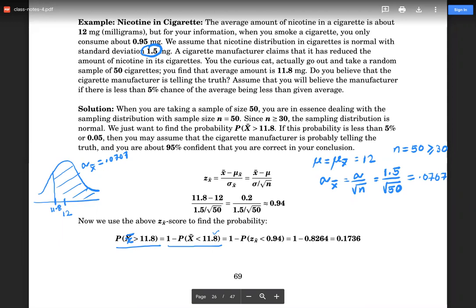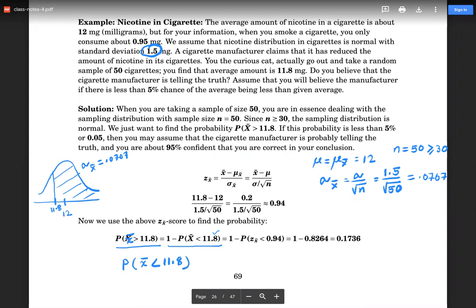Oh, that's why there is a typo in this problem. It didn't make sense to me. Okay, hold on. Let me fix it. What we are looking for is the probability of x bar less than 11.8. We are not looking for greater than.